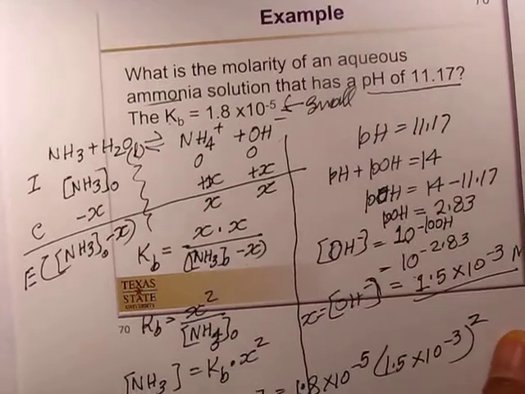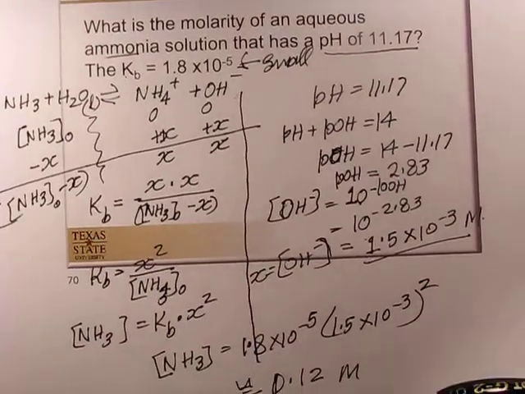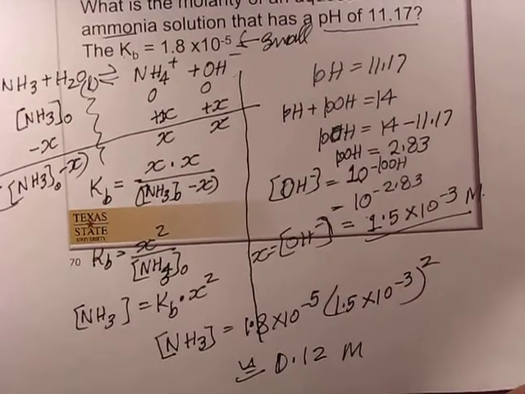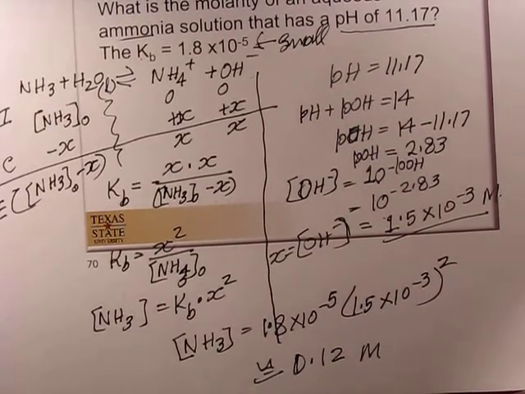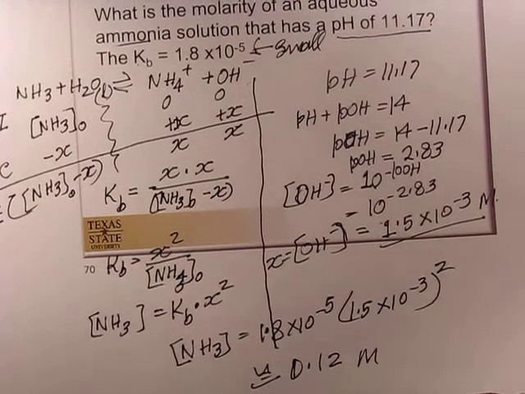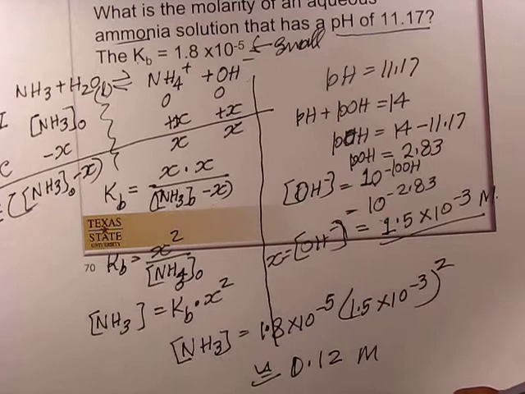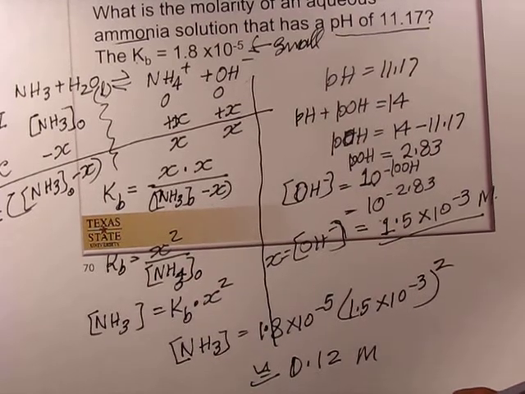So this is one example of how we can calculate it. You can double check this math with your calculator. In the next video we will discuss another example with a weak acid.